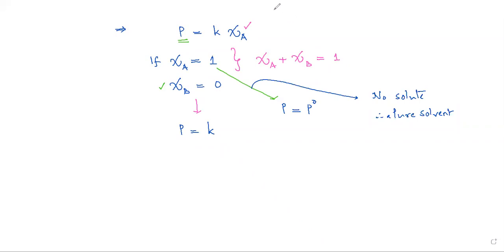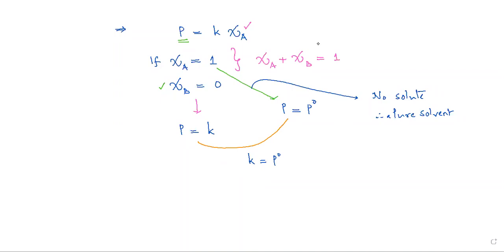Okay, now from these two, we can write K is equal to P naught, right? We have considered XA as equal to 1 and we have ended up with K is equal to P naught.